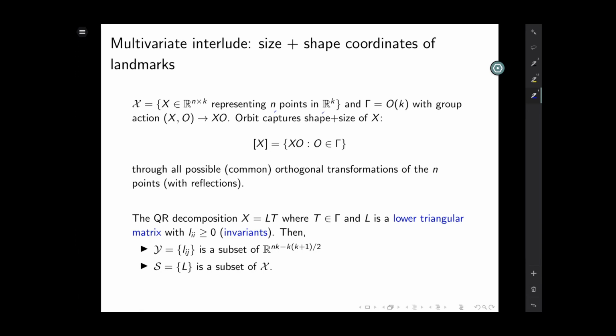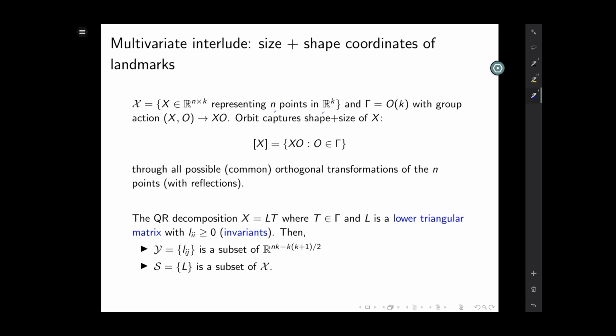So this notion of shape and size should be invariant to any kind of orthogonal transformations of the n points, or maybe even rotations of the n points. But I'm only going to look at orthogonal transformations here, which means I will allow for the configuration to be reflected. But that's a minor issue. It's not the main point here.